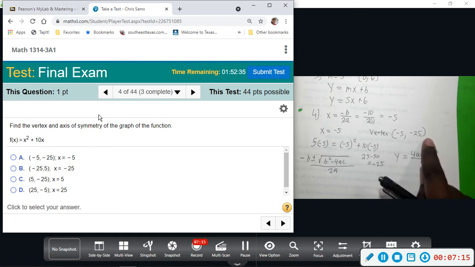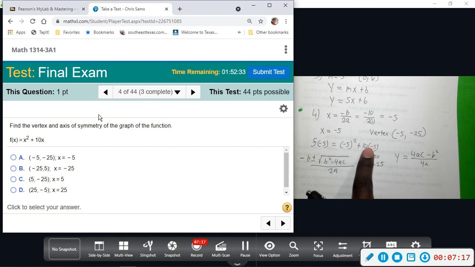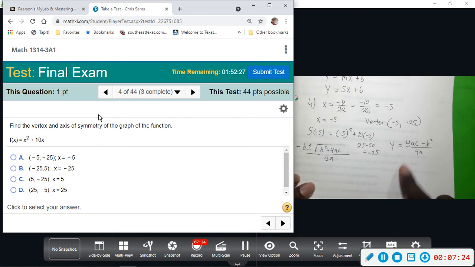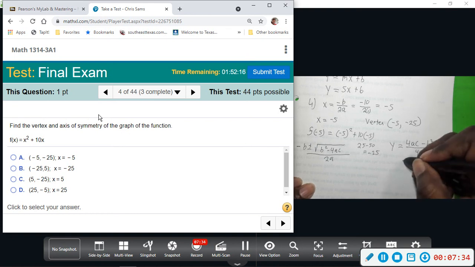In this case, it was really simple just to plug in. Sometimes, though, you might have fractions and decimals, and it'll be easier to use the formula. So if we plug in a, which is 1, and c, which is 0, the first term will 0 out. So we do 4 times 1 times 0, which will 0 out, minus b squared.